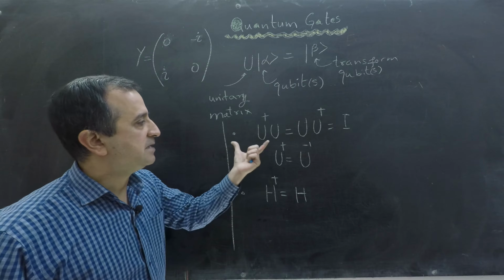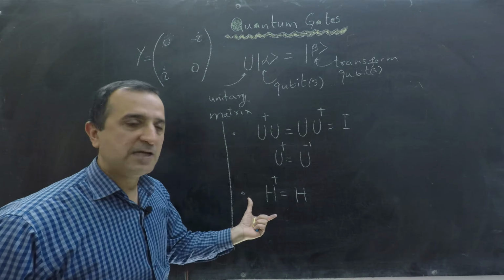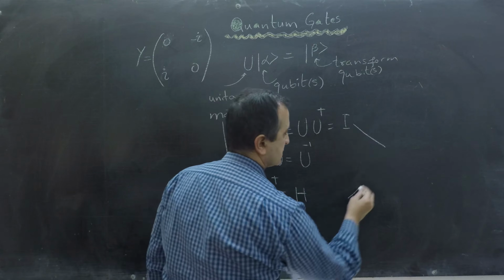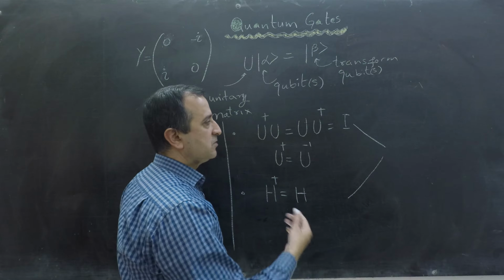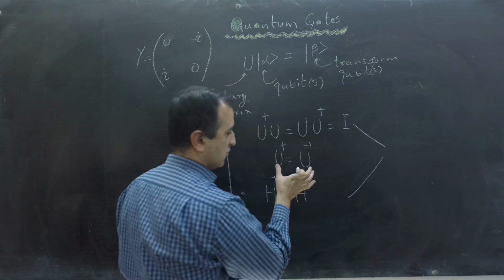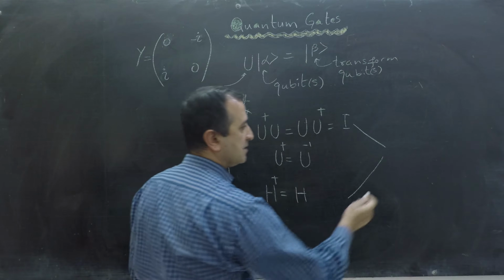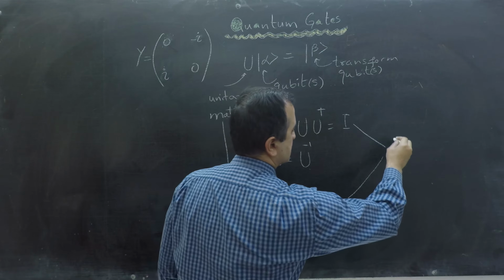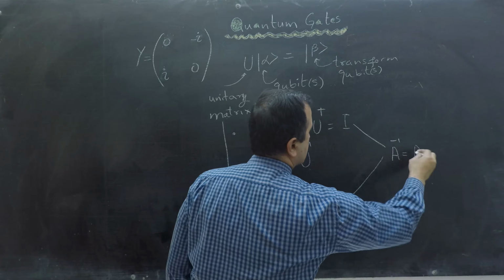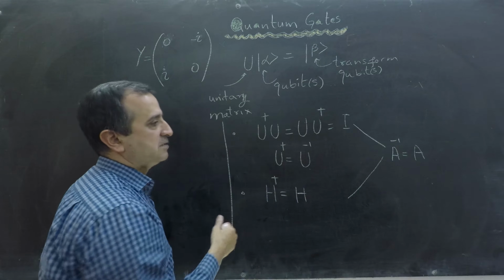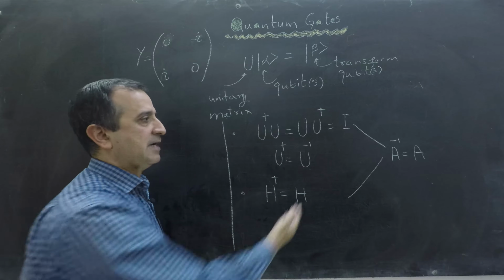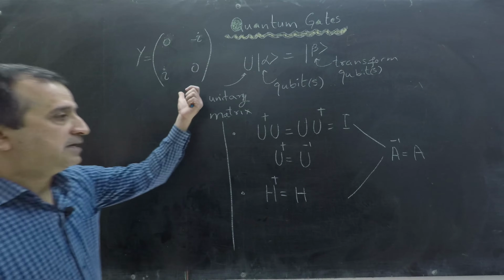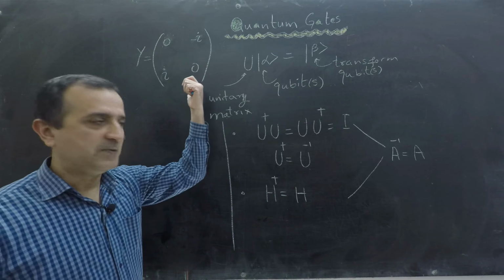By the way, if a matrix is unitary as well as Hermitian, then it has a special property that in this case its inverse is equal to itself. Because of these two properties combined together, if this matrix is A, then its inverse is equal to itself. We don't have to take the conjugate transpose, we can just multiply that matrix with itself and we will get identity. And this matrix here is unitary as well as Hermitian.